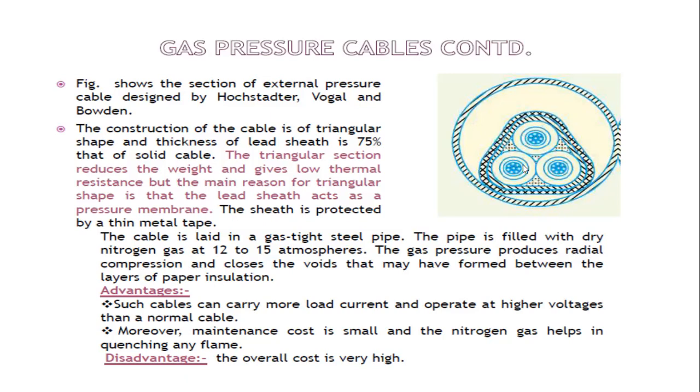This is core 1, core 2, core 3. Each core has paper and a lead sheet as insulation. What are the main advantages of the gas pressure cable? It carries more load current and can be used for high voltage ranges.